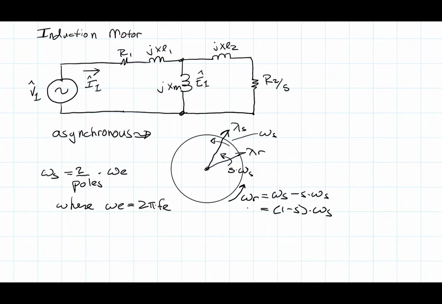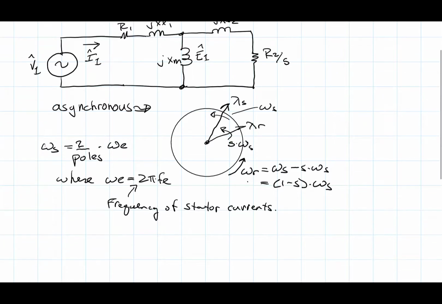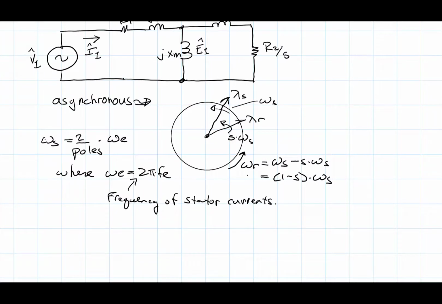So this is the frequency of the stator currents. We could ask, what is the frequency of the rotor currents? That's a good question. We actually can find it from the slip frequency.